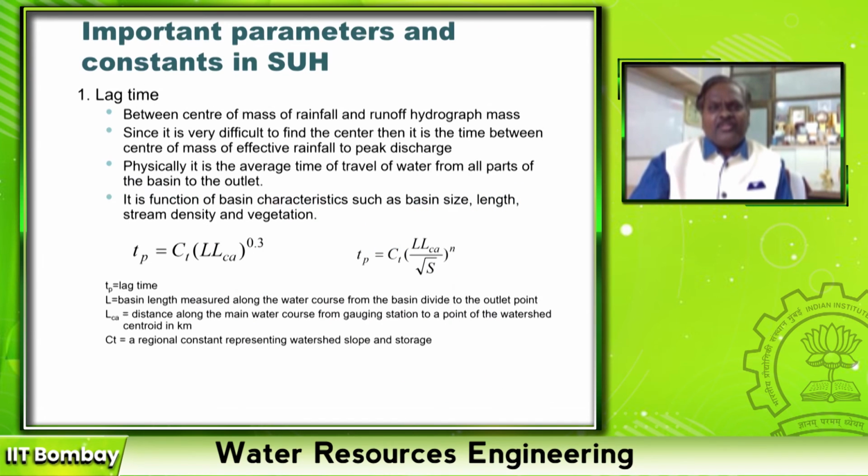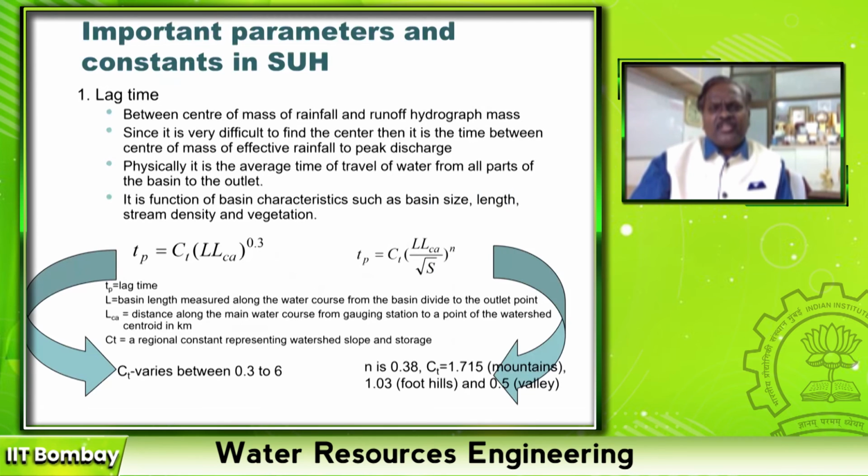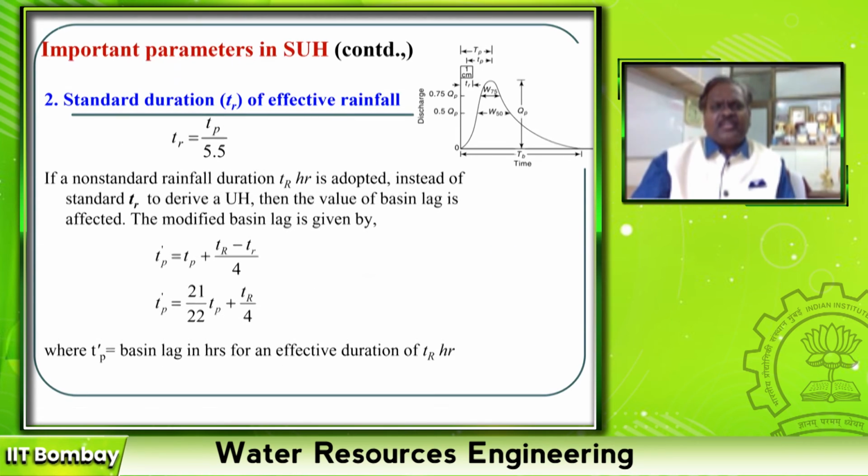Now the second estimation is the standard duration of effective rainfall in the ungauged basin, which is time to peak by 5.5. If it is not a standard duration, that means it is not in full hours, then you have to do a small adjustment to convert that.